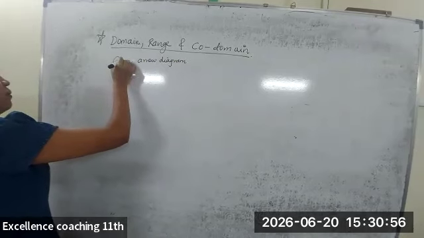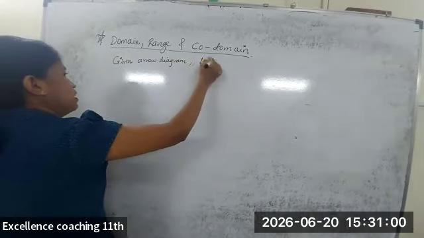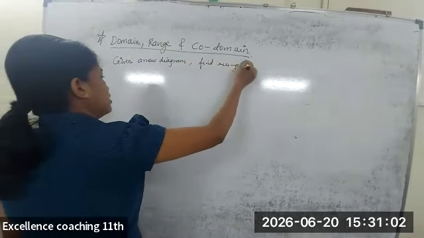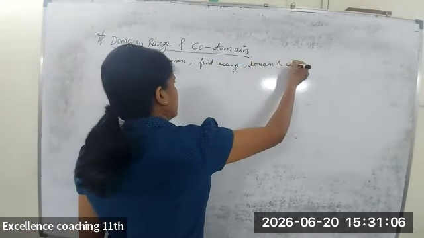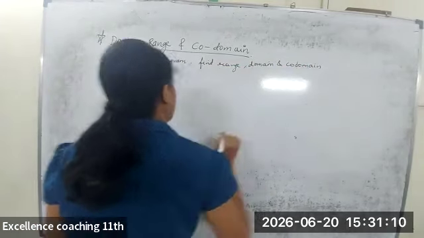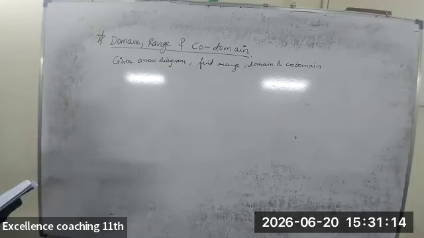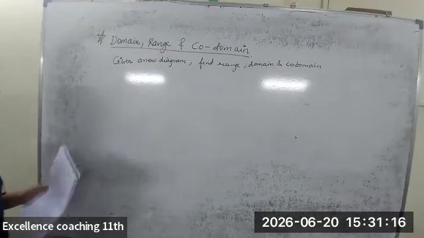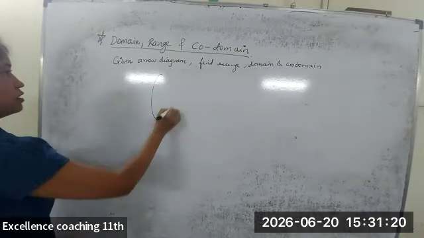Given the arrow diagram, find range, domain, and codomain. So this is given.